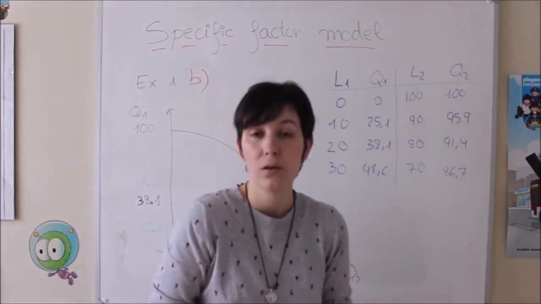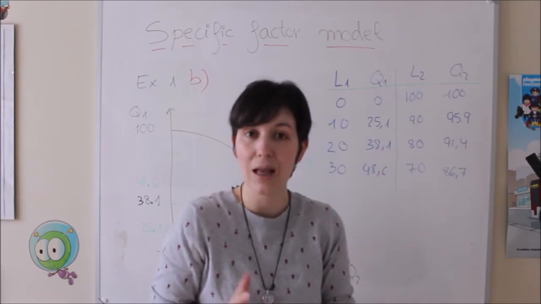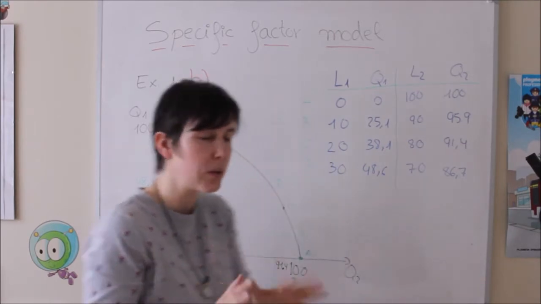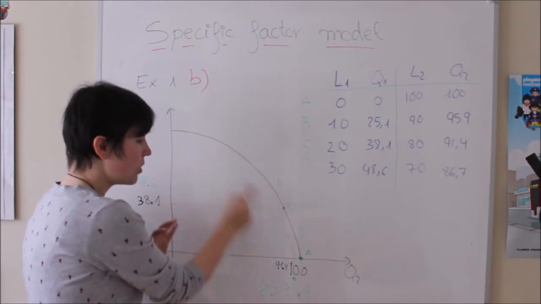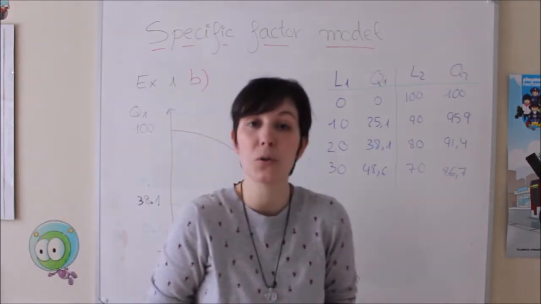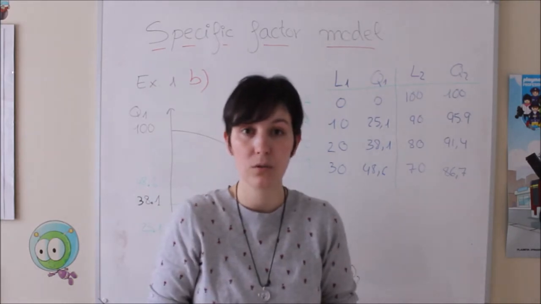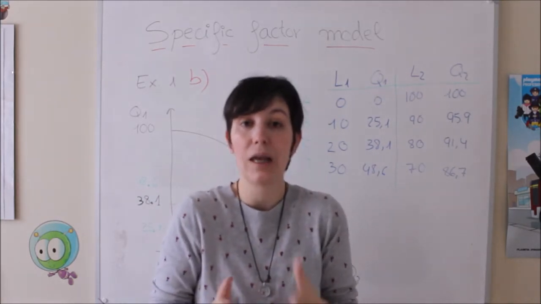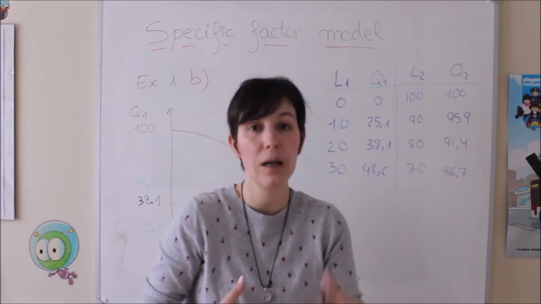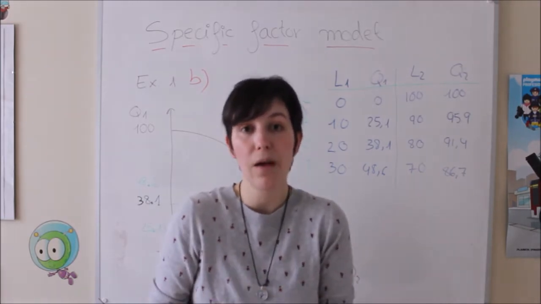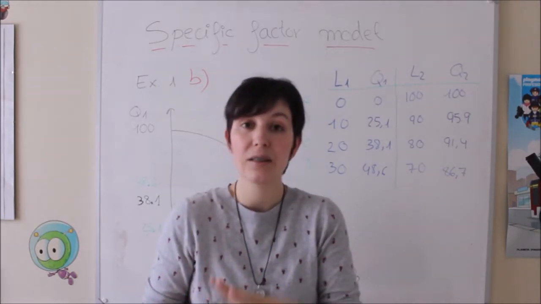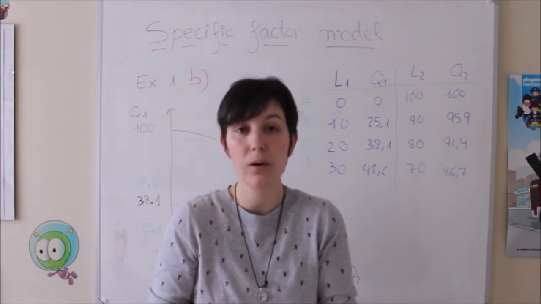When you do that, you are going to realize that the actual shape of the curve is going to be something like this. So I already know that that is going to be the shape. Why? Because we are in a context of diminishing returns in the case of labor. So when you are just introducing labor and the other production factor is fixed, that means that the productivity of labor is diminishing.